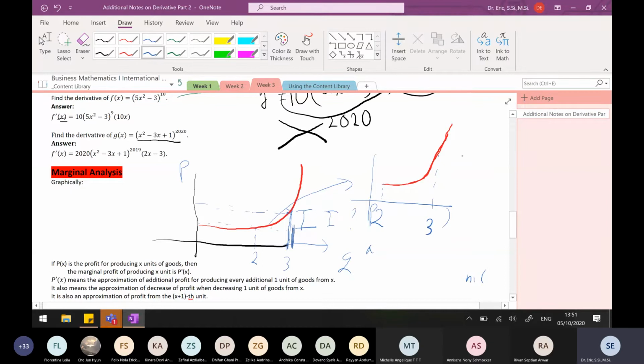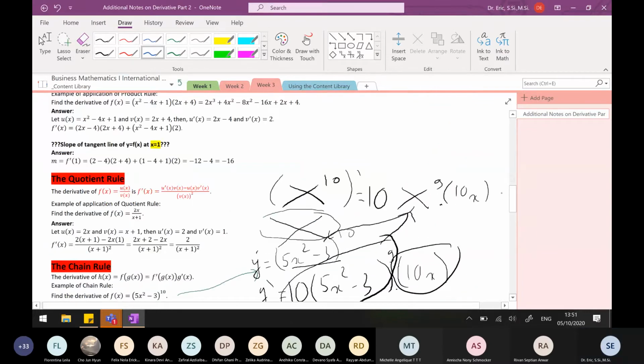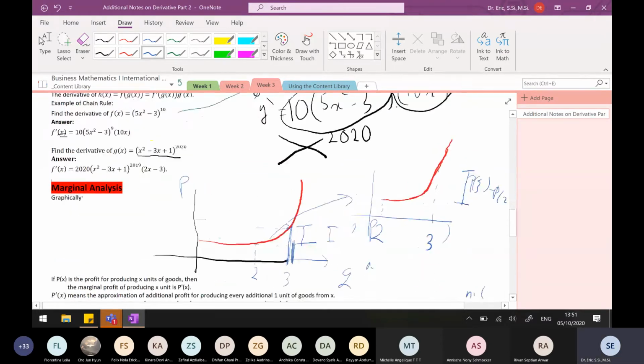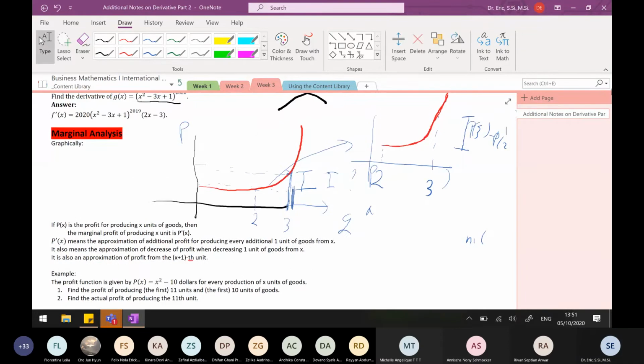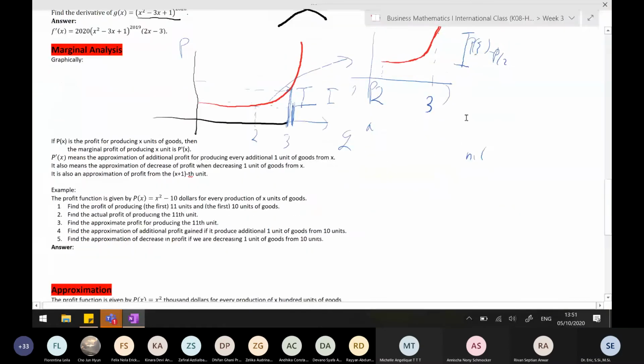So the actual profit of producing the third unit is this, P3 minus P2.